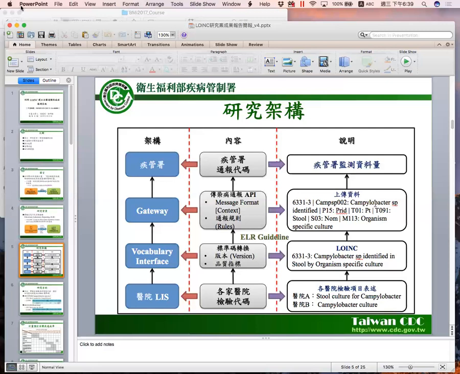His personality is good for collecting and analyzing data. It's amazing that he has a statistical background and had no idea about clinical things, but I trained him in LOINC and infectious disease knowledge. Now he is an expert, because this area is very focused. Every year he reviews a lot of mapping, so he is kind of the CDC's person.